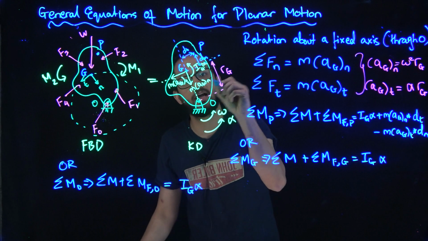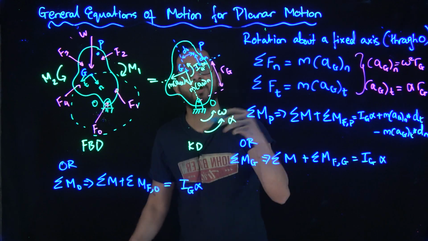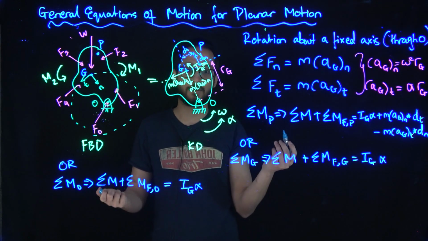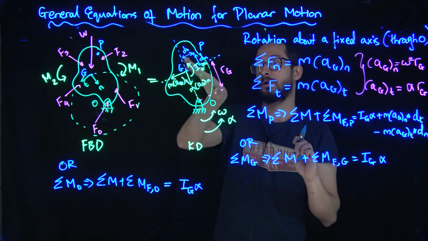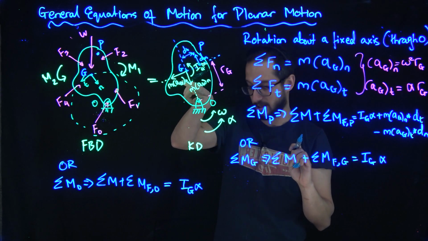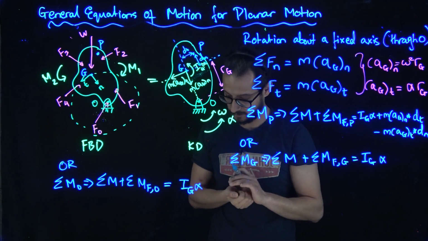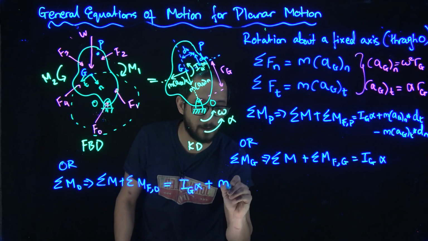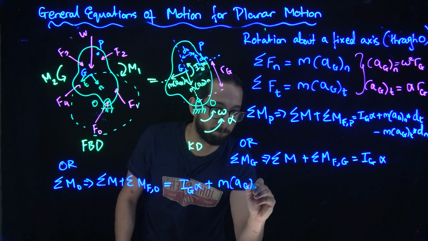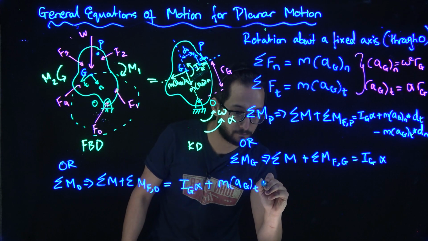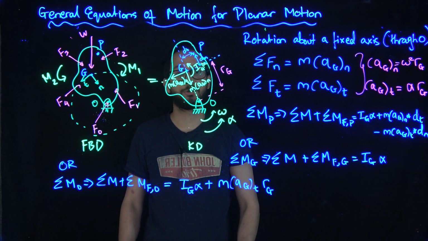This MAGN passes through the point O, so that term goes away. But you are going to have a positive MAGT term with this distance RG. So that's plus MAGT times your distance RG.